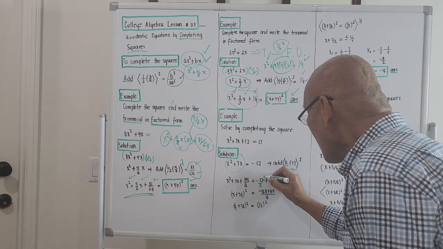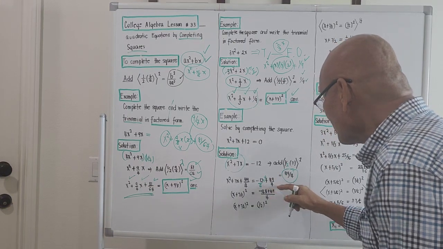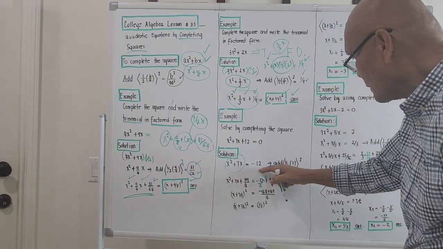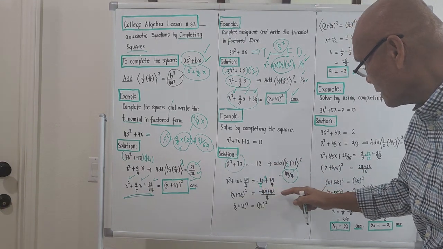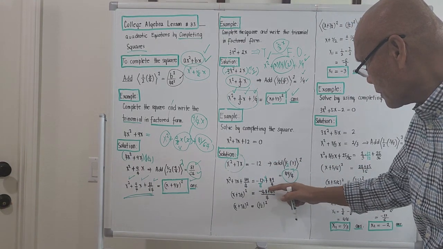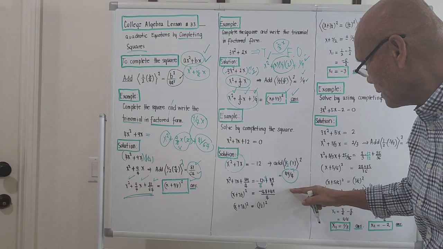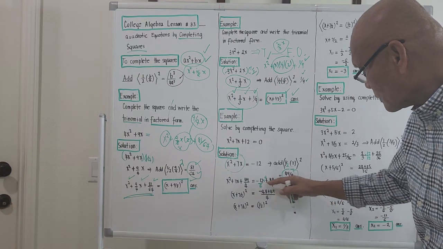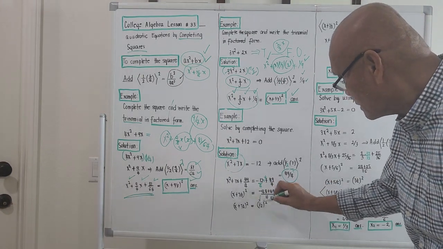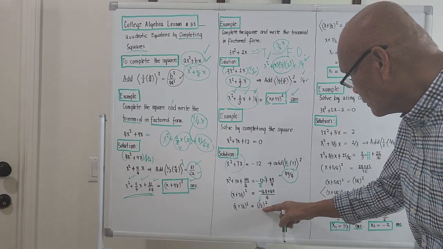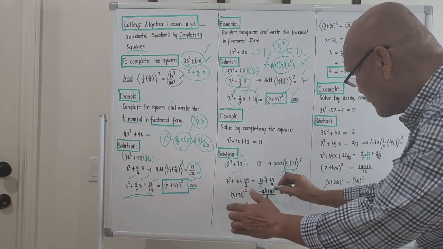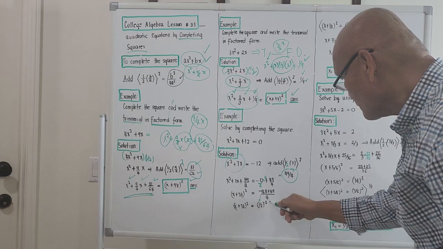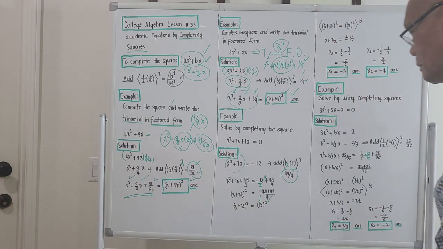Then times 4 up, so we could add immediately. Negative 12 times 4 will be negative 48 plus 49 over the common denominator 4. 49 minus 48 is 1. The square root of 4 is actually 2. So we close the quantity, this is raised to the second power.